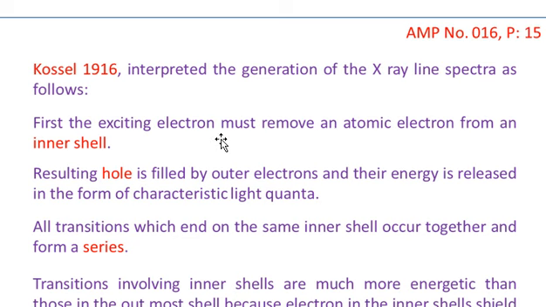So first, the exciting electron must remove an atomic electron from an inner shell. The resulting hole is filled by outer electrons and their energy is released in the form of characteristic light quanta, or a series of quanta, for example from the K series or the L series or the M series.